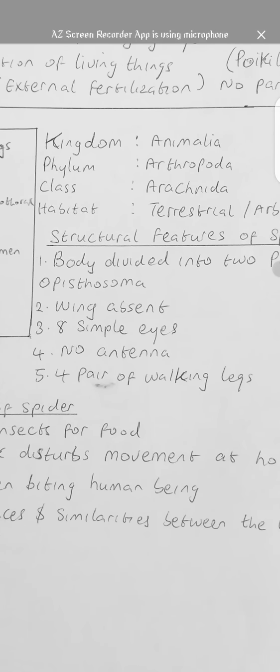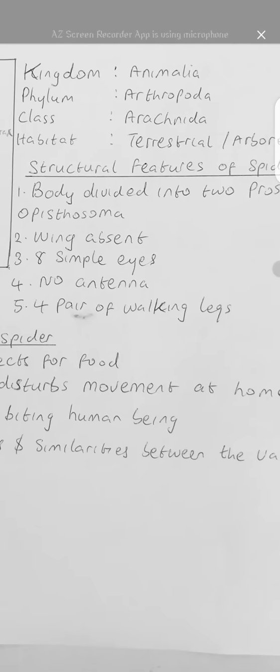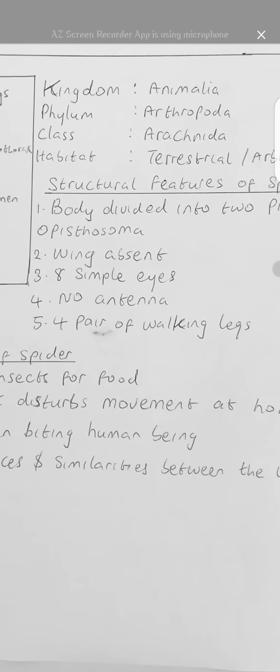Number 2, wing absent. It doesn't have wings. Number 3, 8 simple eyes. Number 4, no antenna. Number 5, 4 pairs of walking legs. That is, if you count a spider's legs, there are 8. Okay, good.